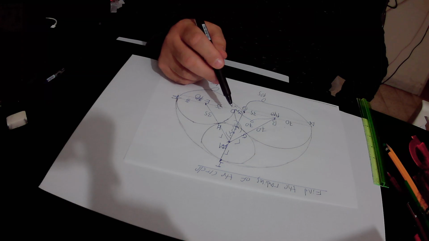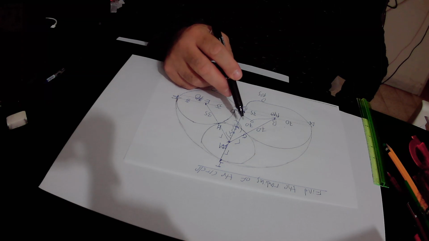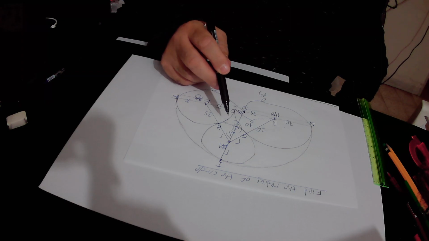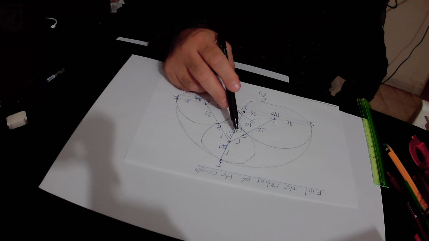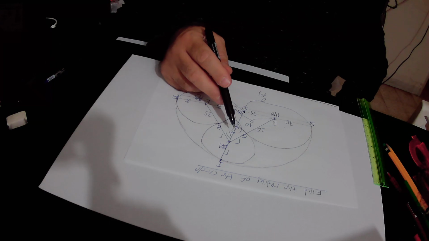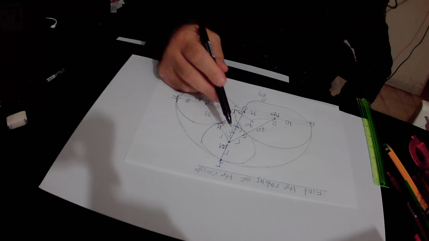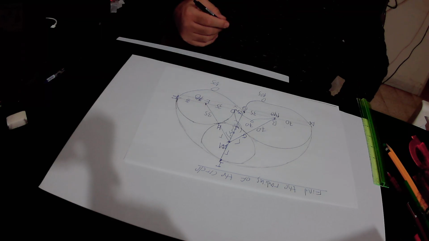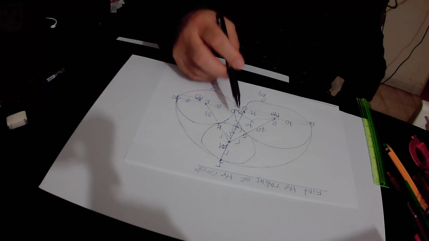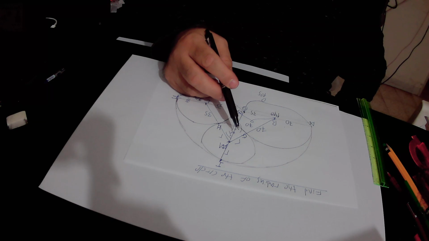We know all the lengths of the line segments here. The only missing variable here is the radius of this circle. This is the radius that is equal to small r. This is the radius that we are looking for. So by solving Stewart's theorem, we'll find out the value of small r.